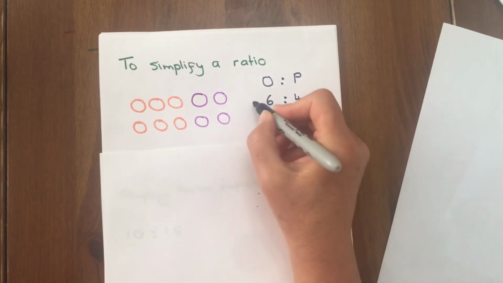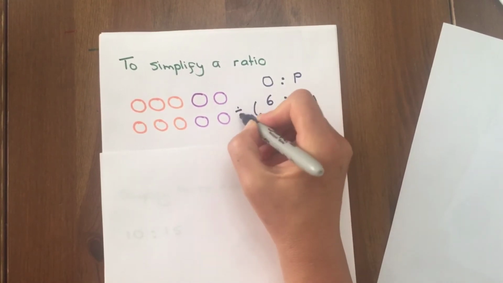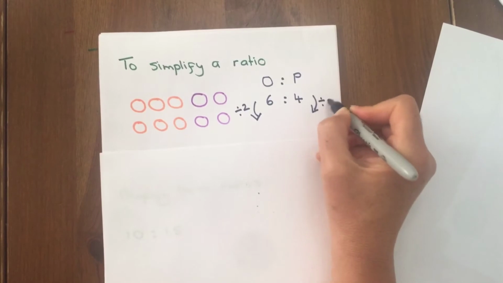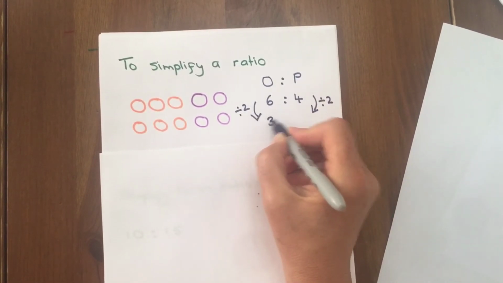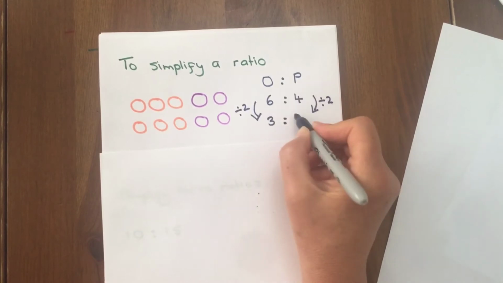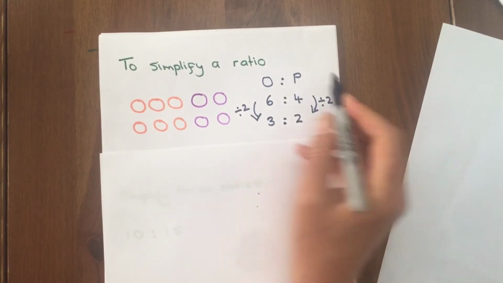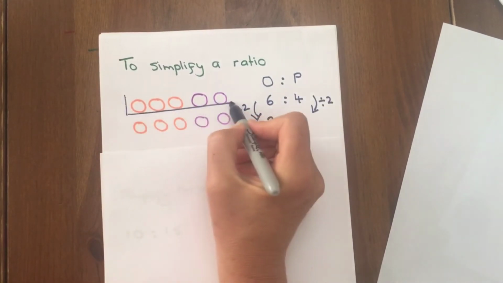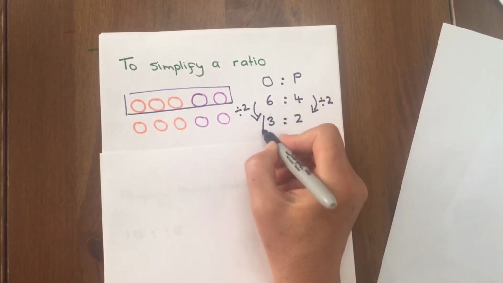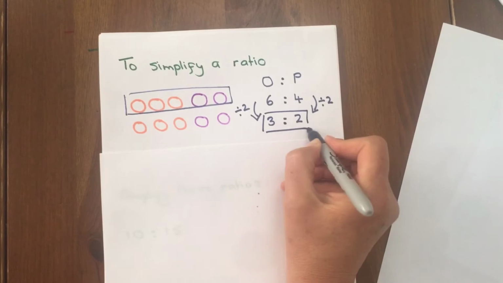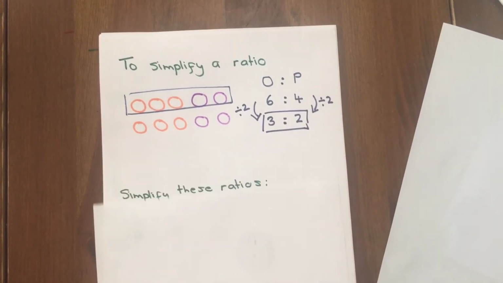What can I divide these numbers by? Well, they're both even numbers, so I can divide by 2. 6 divided by 2 is 3. 4 divided by 2 is 2. And you can see that to every 3 oranges, I have 2 purples. So I have simplified the ratio.